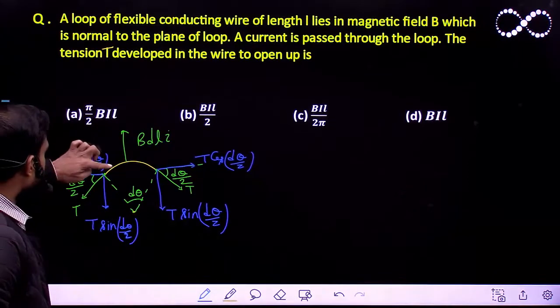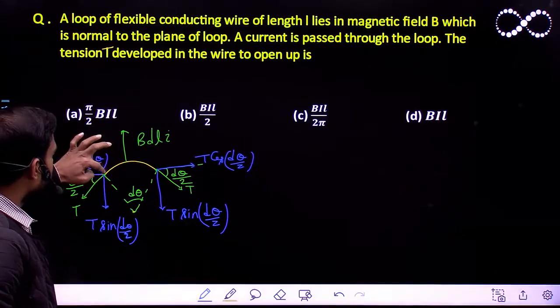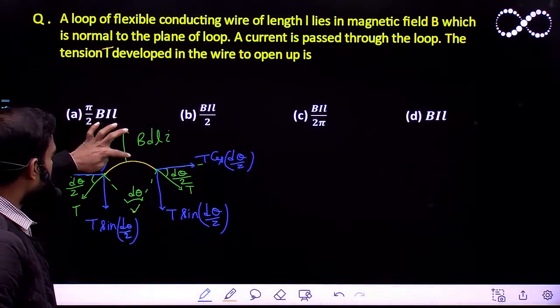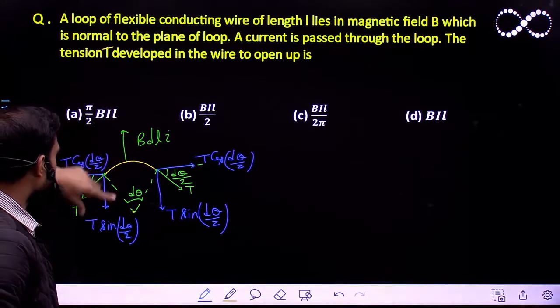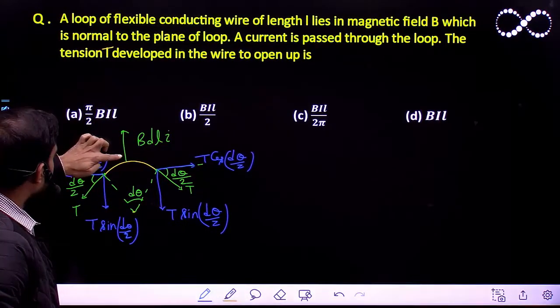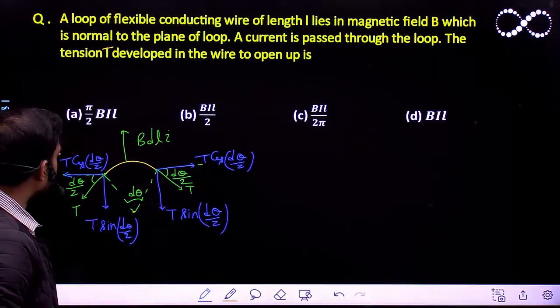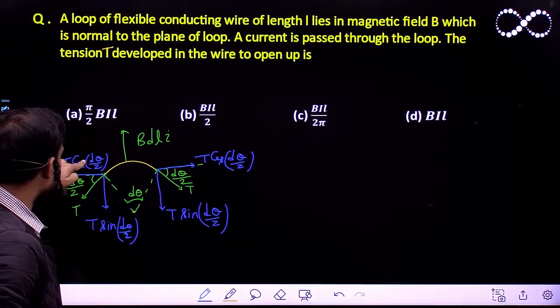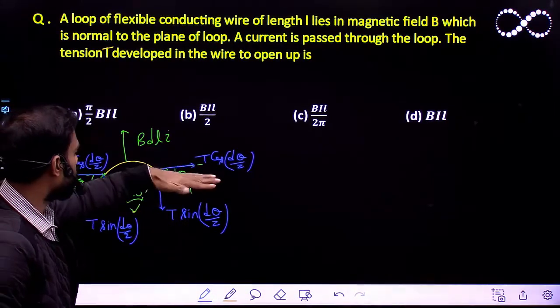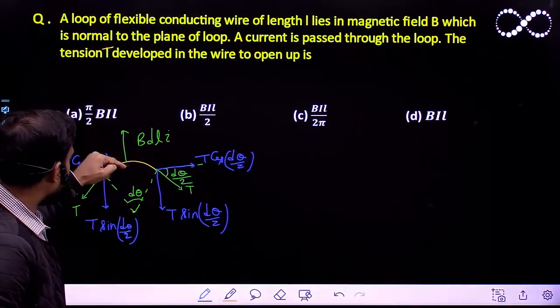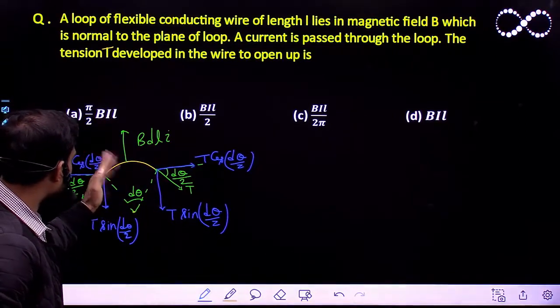Similarly here, the components will be T cos d theta by 2 and T sin d theta by 2. Now for this elementary length of the circular wire, the forces in the horizontal direction will remain balanced because T cos d theta by 2 and T cos d theta by 2 will cancel out each other. So upward force must be balanced by downward force.